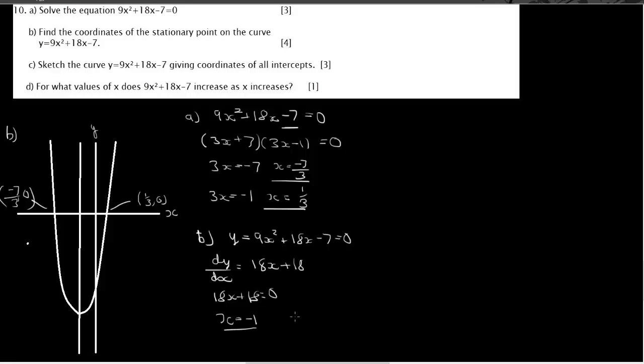So the turning point, when the gradient is 0, is at y equals minus 16. So x equals minus 1, y equals minus 16, so it's there. Using differentiation to find the turning point.